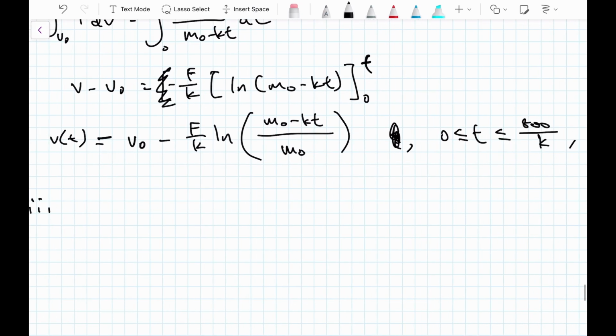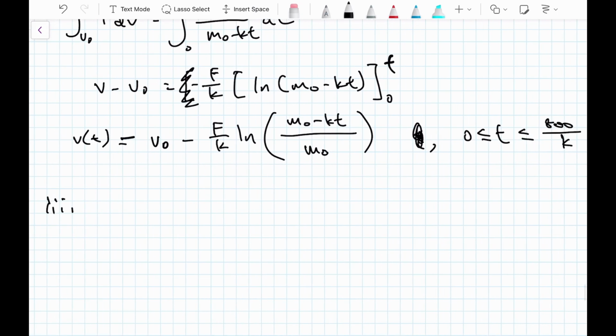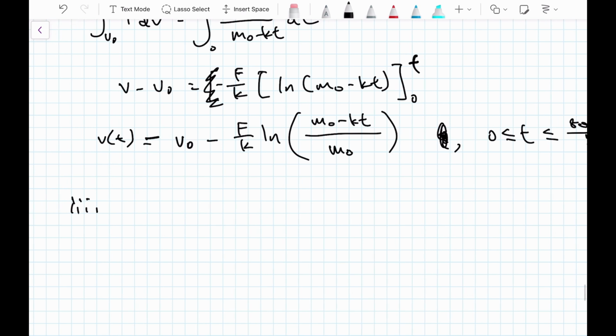What we can do is that when T is equal to 800 over K, the velocity should be equal to 0. So 0 is equal to V0.